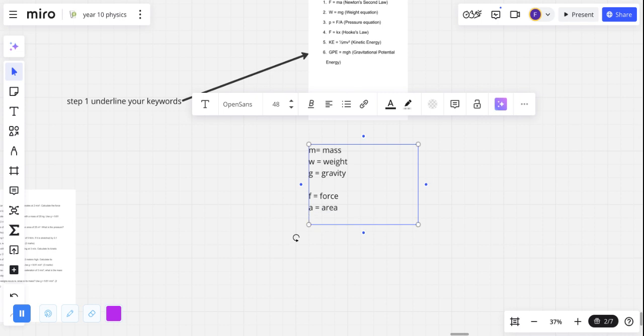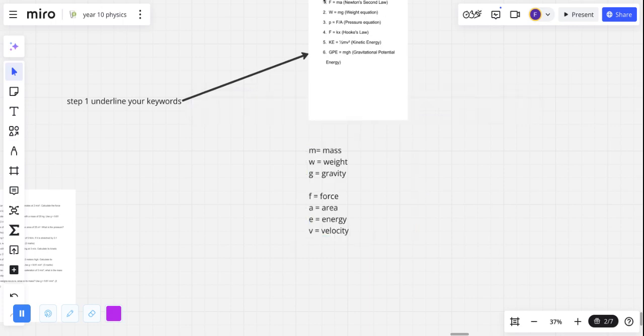We are going to talk about energy, E. And we're going to talk about V, which is velocity. These are your keywords, at least the most important ones. Velocity. All right, so these are keywords that we're going to talk about.